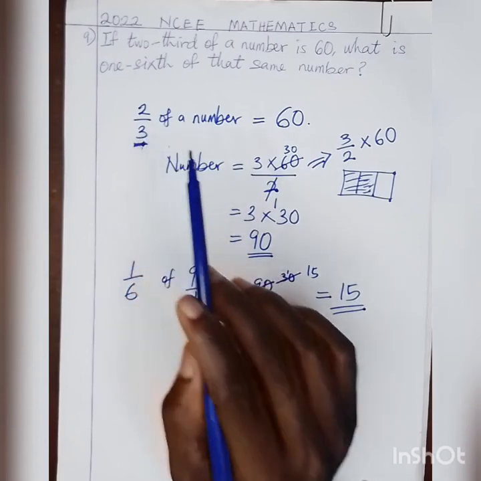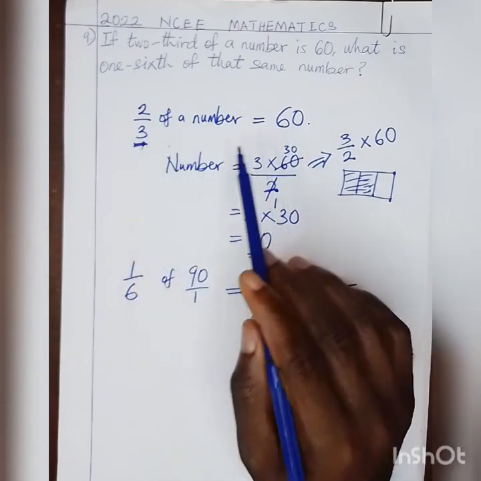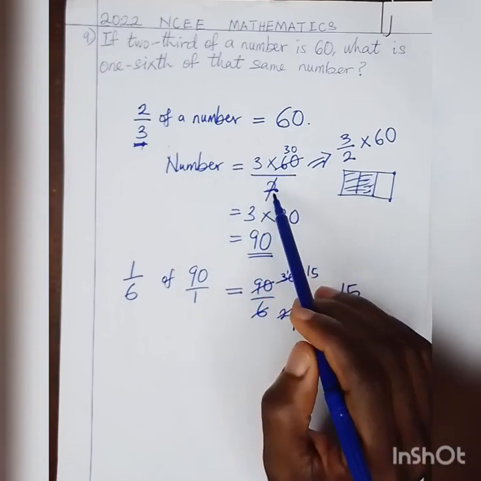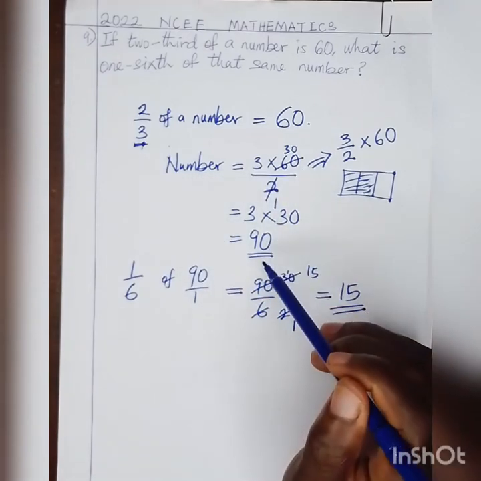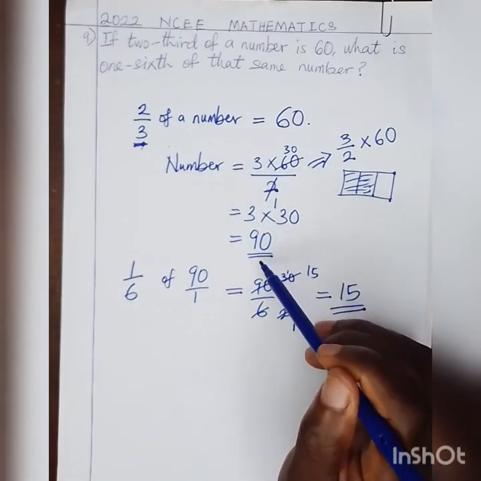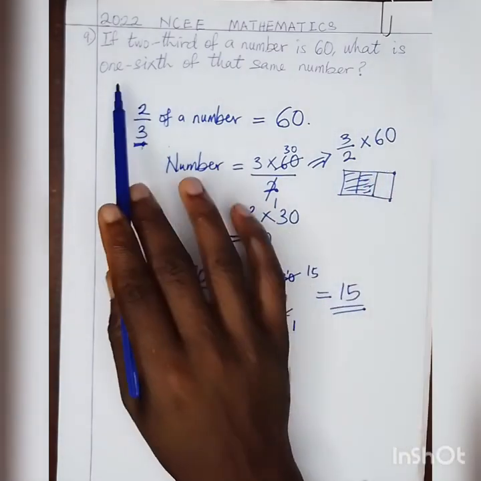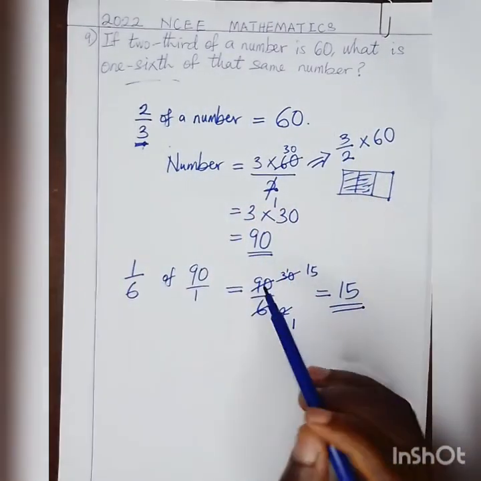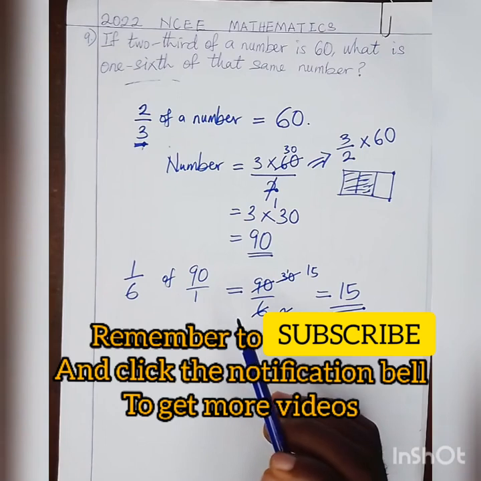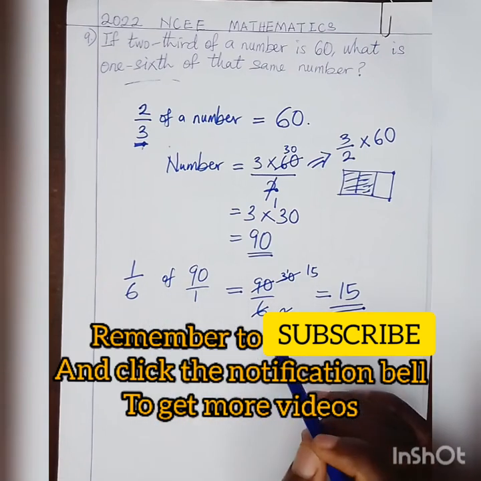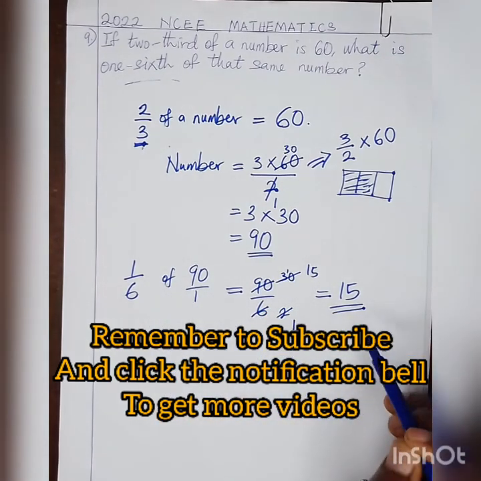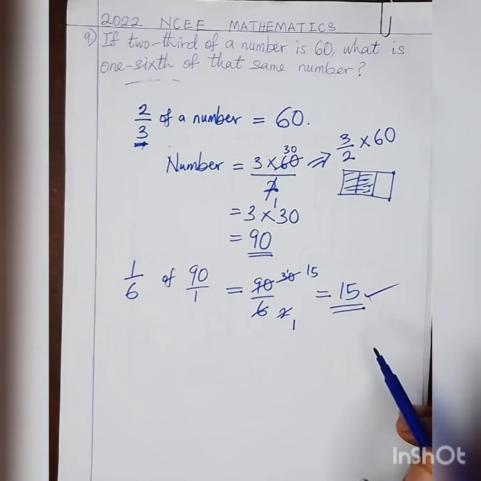We flip this fraction times this quantity, and it will give us the number. So we do 3 over 2 times 60, and that gives us 90. After getting the number, we have to find 1/6 of that same number. So we did 1 over 6 of 90, which is 90 divided by 6, and that gives us 15. So our final answer is 15.